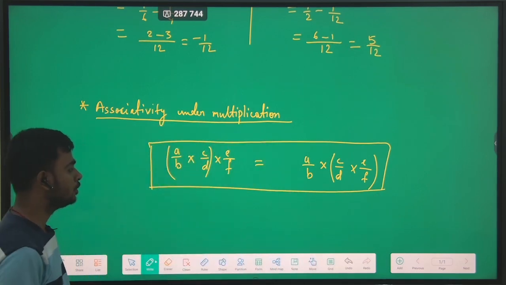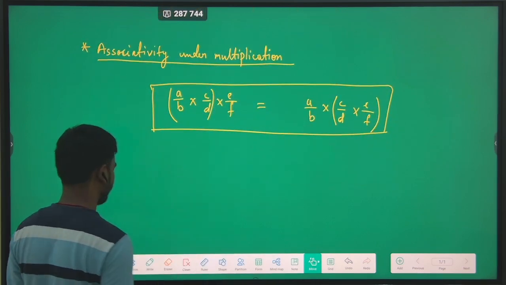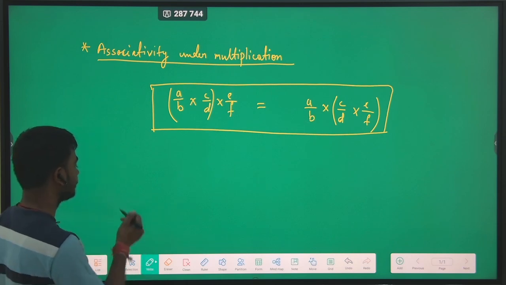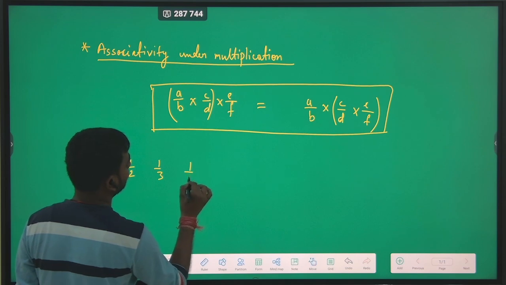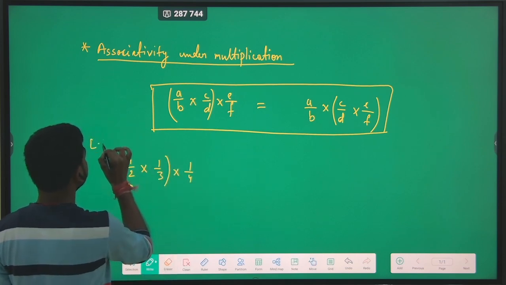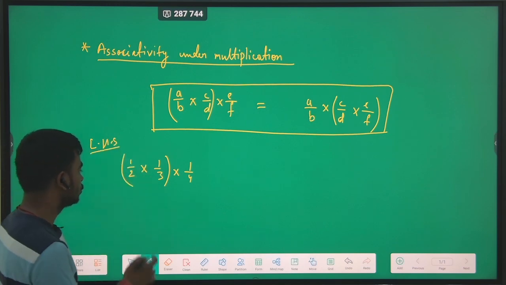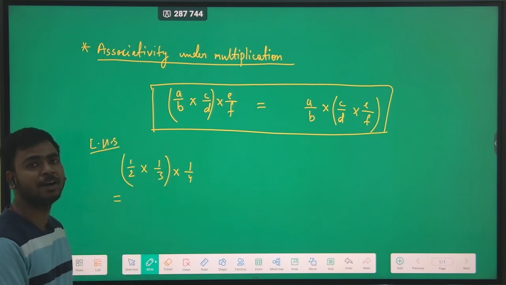Let us take the same example. We are taking 1 by 2, 1 by 3 and 1 by 4 and multiplying, and for the LHS we have parenthesis on the first two numbers. On solving the bracket part, what will we get?